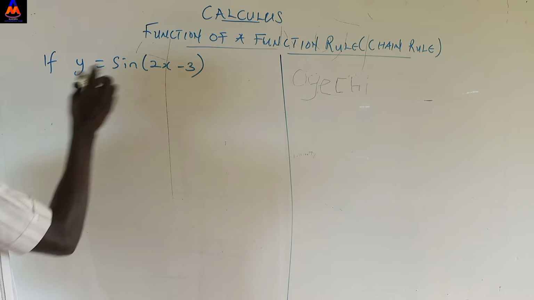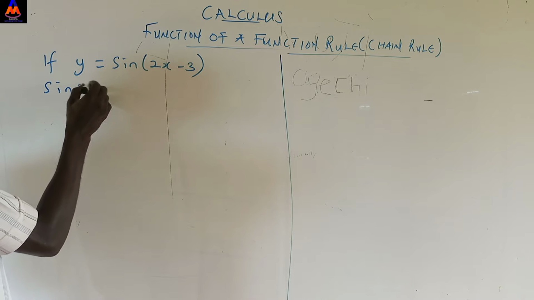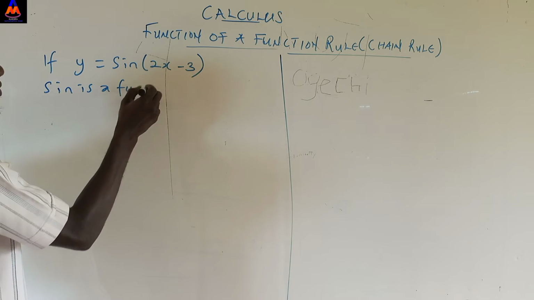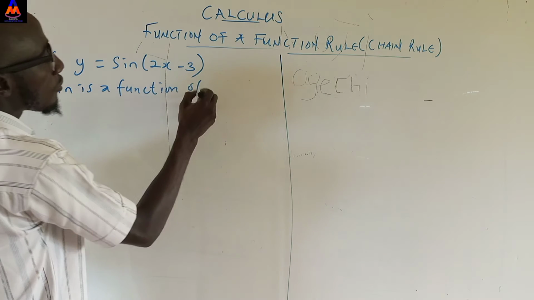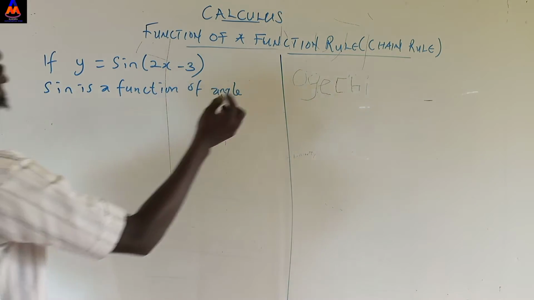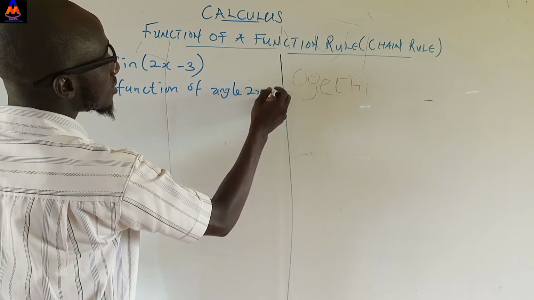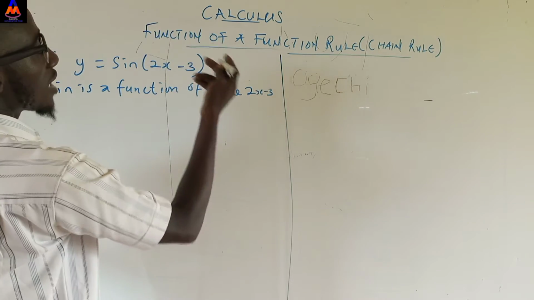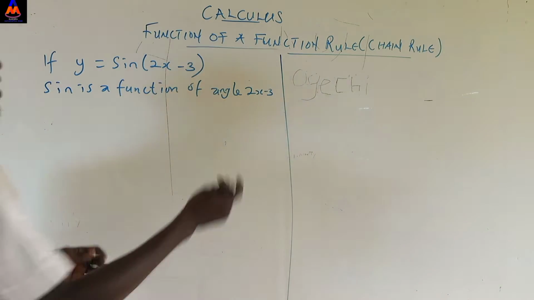From here you can see that sine is a function of an angle. This is an angle in trig, the angle 2x minus 3. Of course, sine will be in radians.